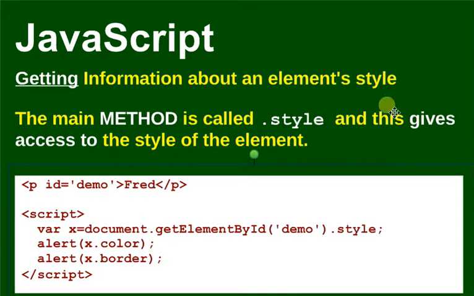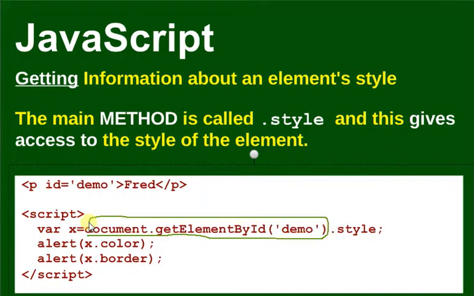Likewise, if we want to change the style or do something with style, then we can get details about its style. So again, if you look here, here's the element, document.getElementById demo. So that gets my element. This is my element there it is.